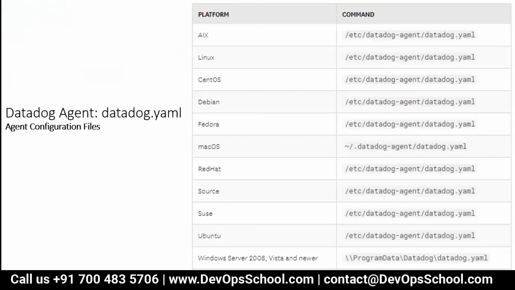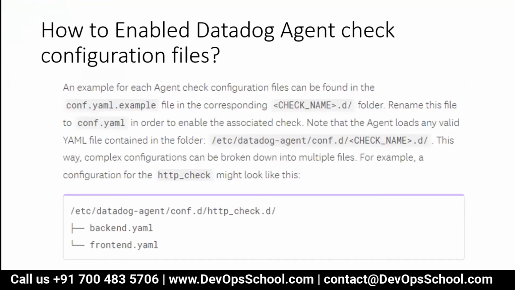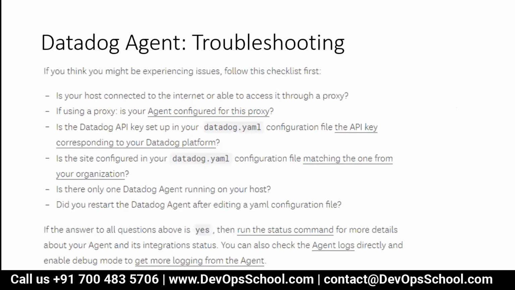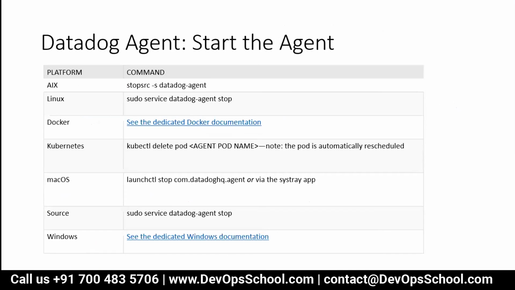Okay, so this is the Datadog agent. Now, under conf.d, you will have an integration configuration file. That is what we will experience too, along with some troubleshooting skills. Now the question is how to start the agent. If you're on Linux, you will start the agent depending on the Linux variant.